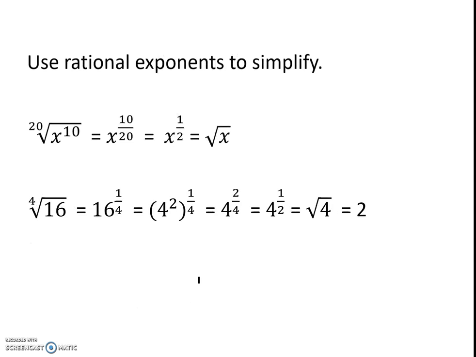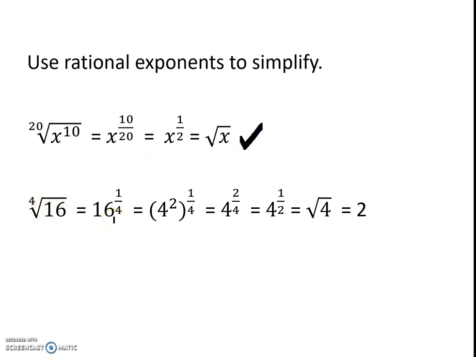Using rational exponents to simplify, we can write this as x to the 10 over 20, and you can see those zeros go away, and we get x to the 1/2, which we know can be written as the square root of x. Then we're asked to do the 4th root of 16.